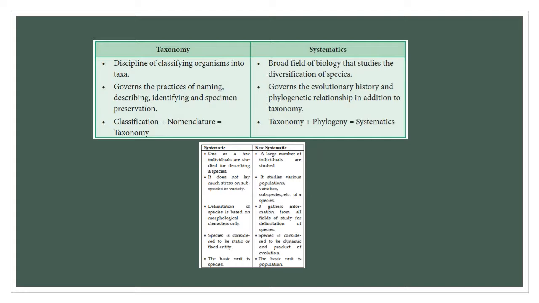Classification plus nomenclature is taxonomy, while taxonomy plus phylogeny is systematics. This is important. What is the difference between systematics and new systematics? In systematics the basic unit is species, while in new systematics the basic unit is population, because here more defined characters are being taken.